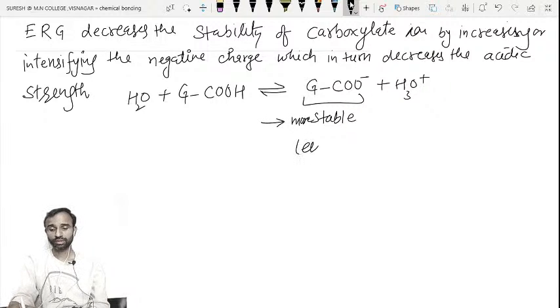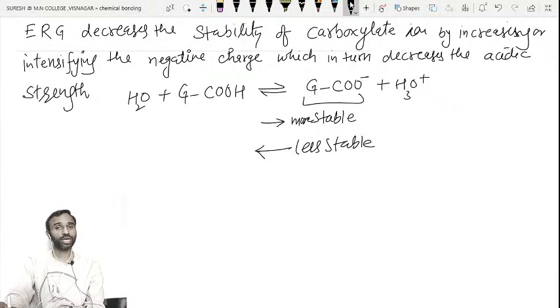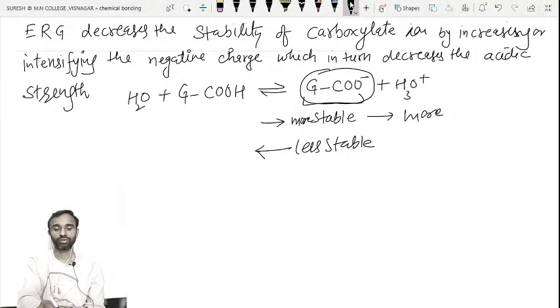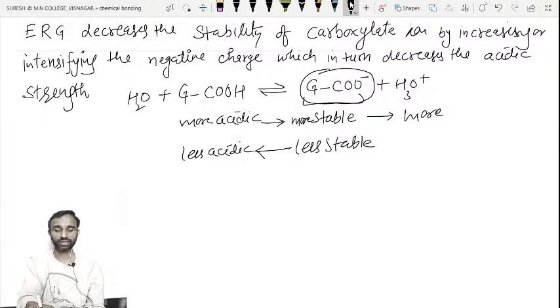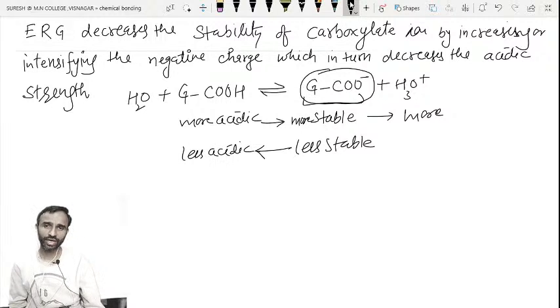If it becomes less stable, equilibrium shifts backward. So more stable, more acidic. If carboxylate ion is more stable, carboxylic acid is more acidic. If it is less stable, equilibrium shifts backward, so it becomes less acidic. That is the case, right?